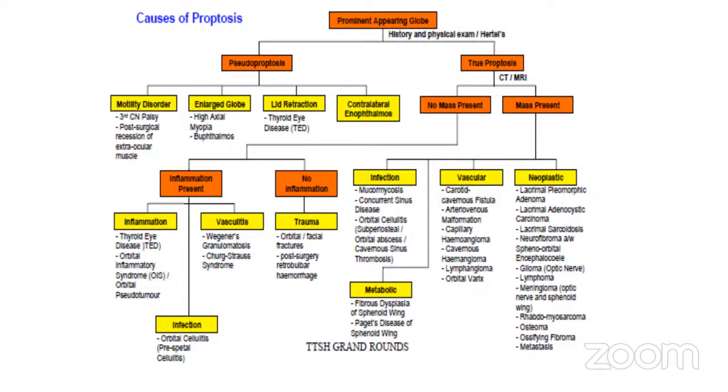Metabolic causes could include fibrous dysplasia of sphenoid wing, Paget's disease of sphenoid wing, and neoplastic causes include lacrimal pleomorphic adenoma. Different causes, including lacrimal gland tumors or glioma, lymphoma, optic nerve involving tumors, or rhabdomyosarcoma, or bone involving, including osteoma, ossifying fibroma, and metastasis.